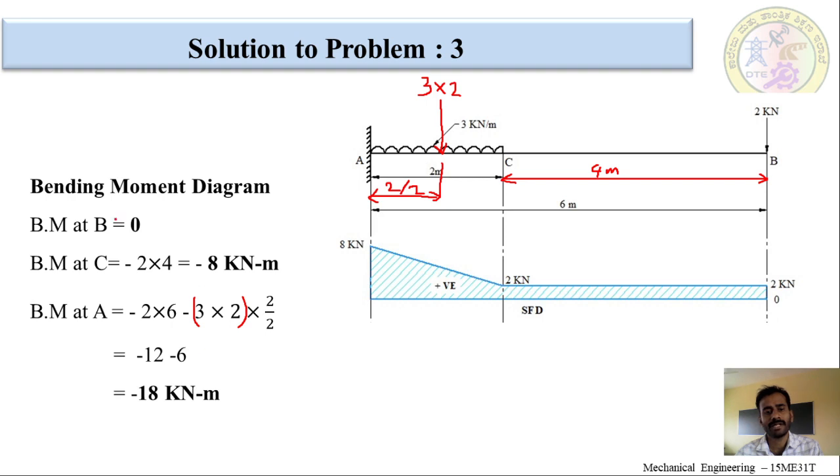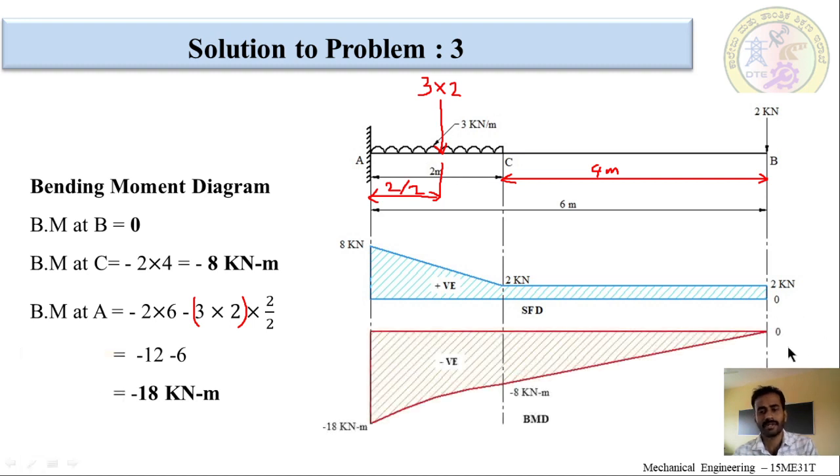So, after getting all the bending moment values, you have to draw the bending moment diagram. So, this will be the bending moment diagram with the corresponding values. We know bending moment at B is 0 and bending moment at C is minus 8. So, along the line of C, you have to mark minus 8, that is 8 units on this line, and join B to C with an inclined straight line.